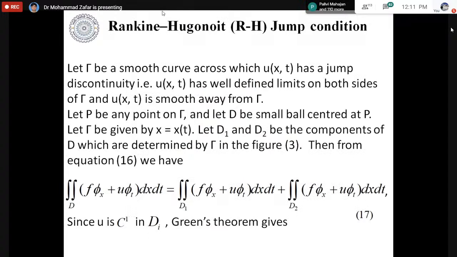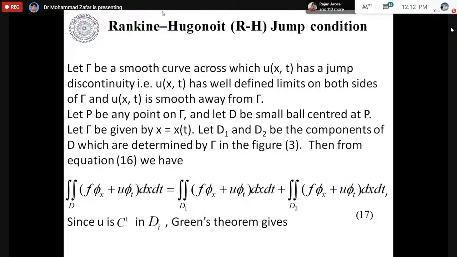Rankine-Hugoniot jump condition, or simply RH jump condition. So I am just writing in written form what I have explained. Let gamma be a smooth curve across which u is having a jump discontinuity. That means u is having well-defined limits on both sides of gamma and u is smooth away from gamma.